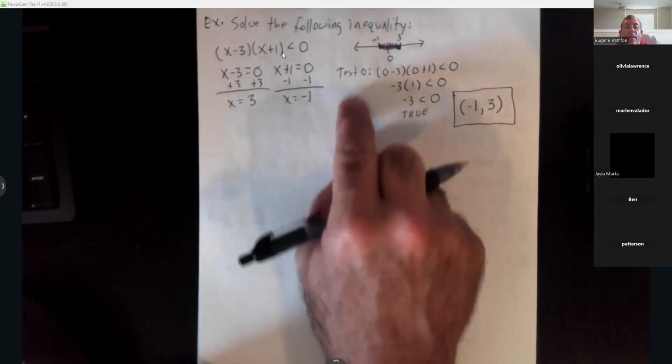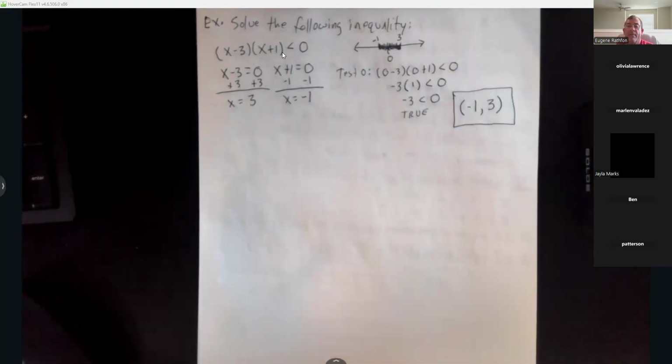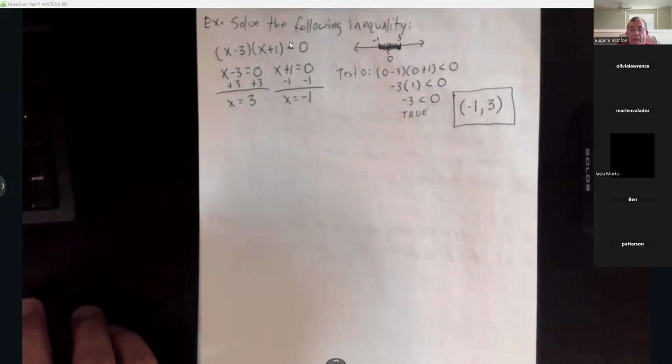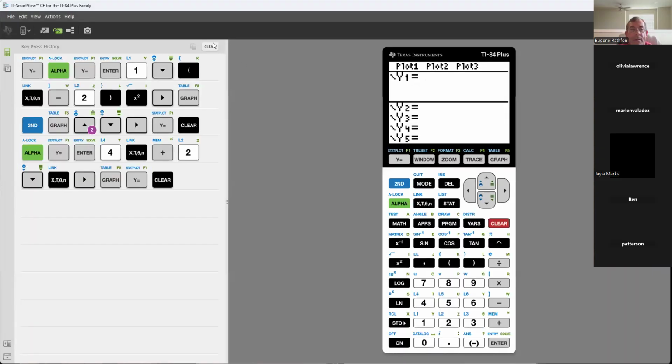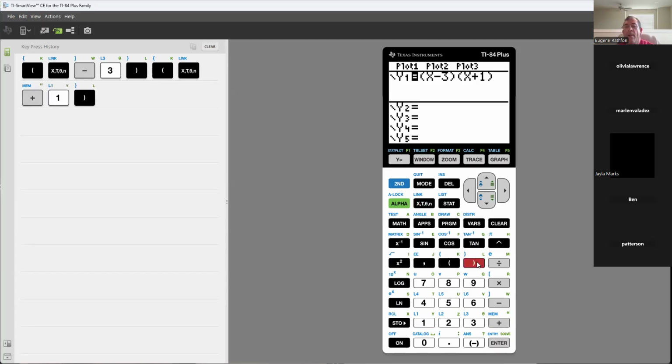Okay? Now, let me show you the graph of this, and I'll show you another way that you can find this answer. So y'all, I'm going to go to my calculator. I'm going to go to y equals and clear this off. So I had parentheses, x minus 3, close parentheses, and in parentheses, x plus 1. And close. Now remember, since we're setting them equal to 0, 0 is the x-axis. And this is less than.